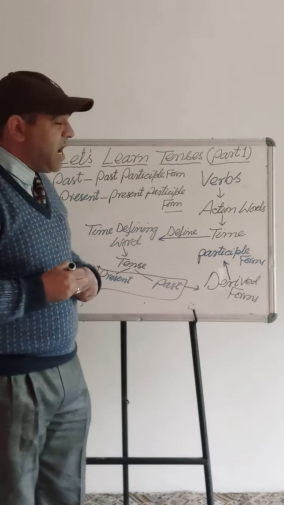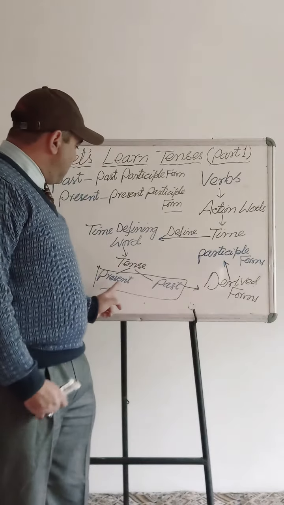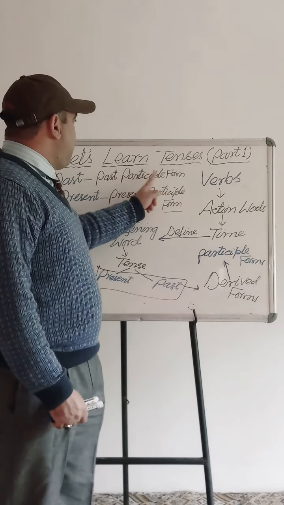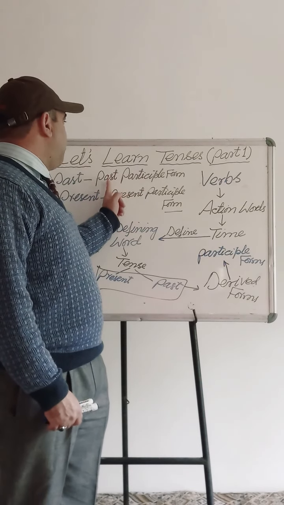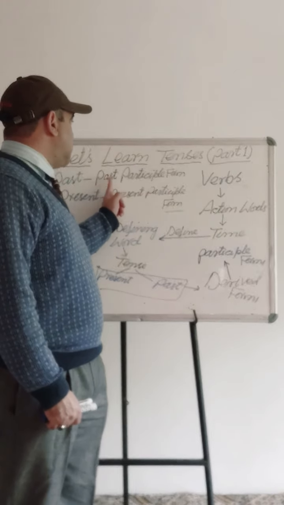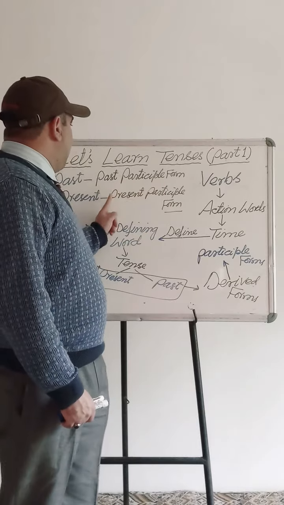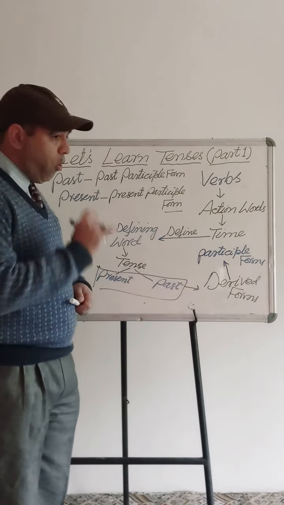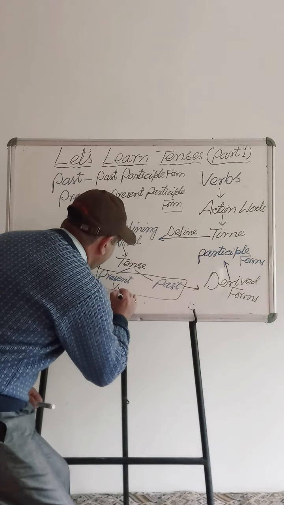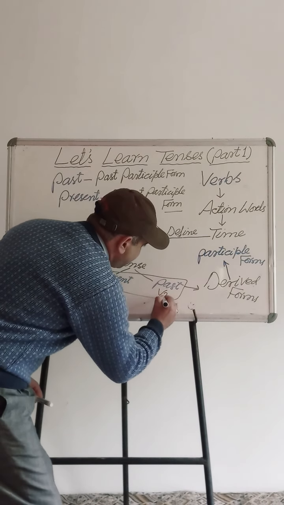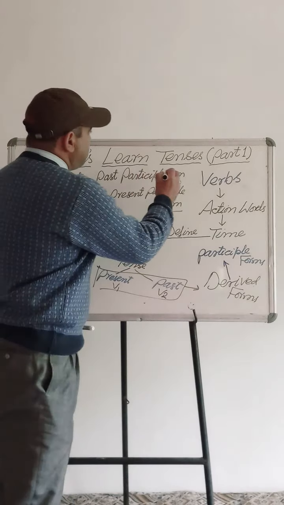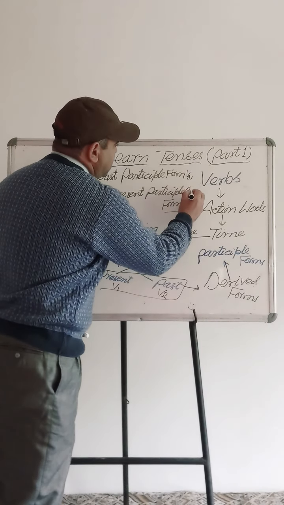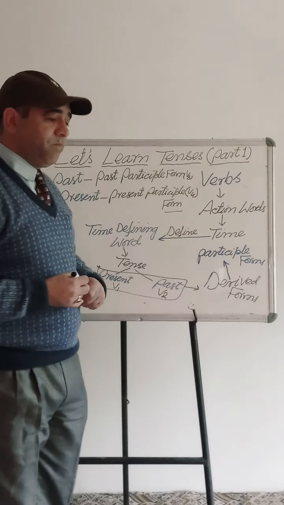Now we have four forms of a verb: present form, past form, past participle form, and present participle form. Participle means derived; it is derived from past, that is why it is called past participle form. Present form we denote by V1, past by V2, past participle by V3, and present participle by V4.